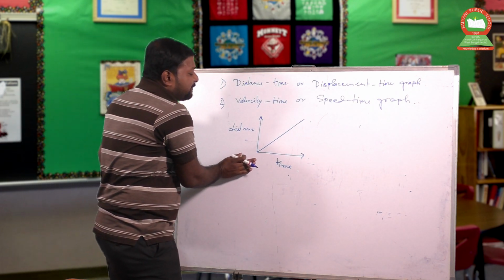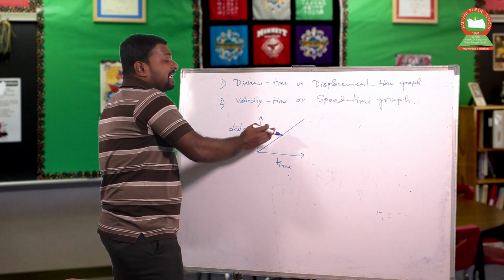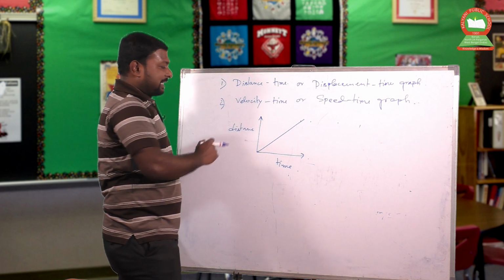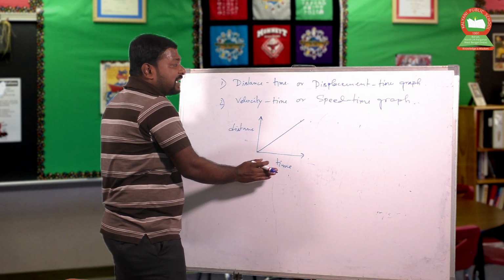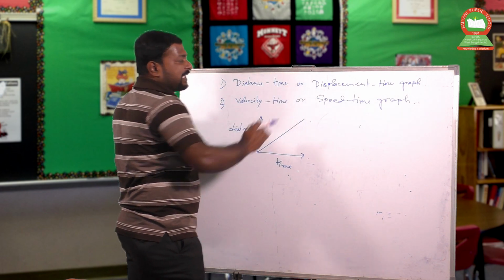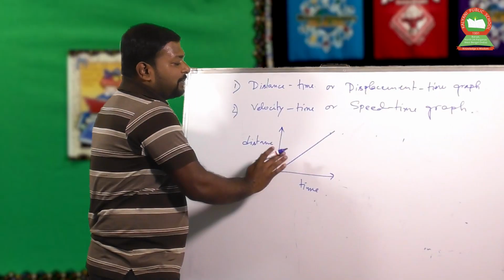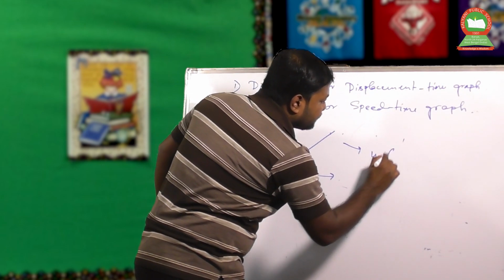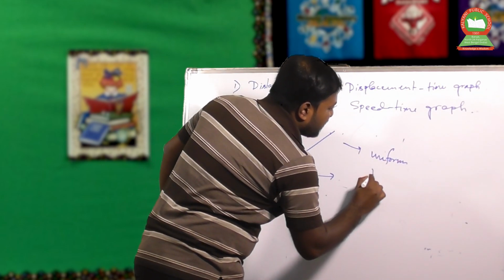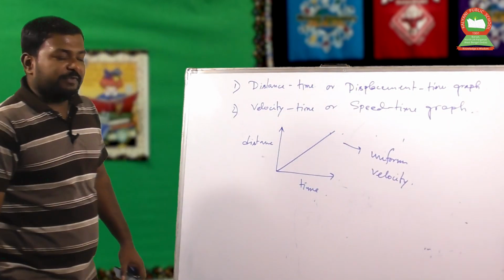The body displaces from the origin in a straight line, which means the distance gradually increases. So the body is moving with uniform velocity.